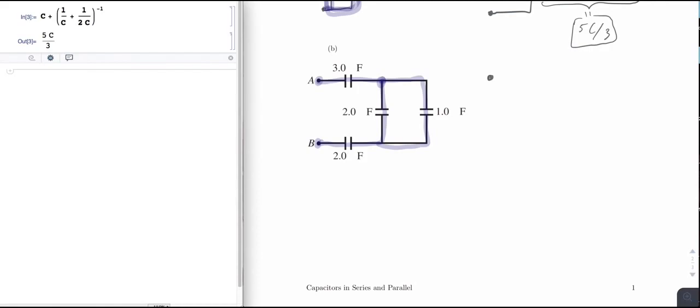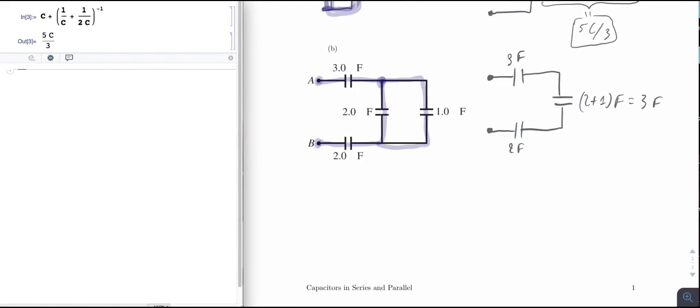So I'm going to redraw my circuit where there's only one capacitor here at the end. I have 3 farads, and this one was 2 farads. And in parallel they add, so I'm going to have 2 plus 1 farads, which is 3. I can do that in my head. Don't need Mathematica.